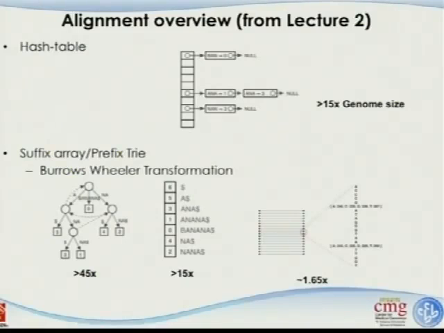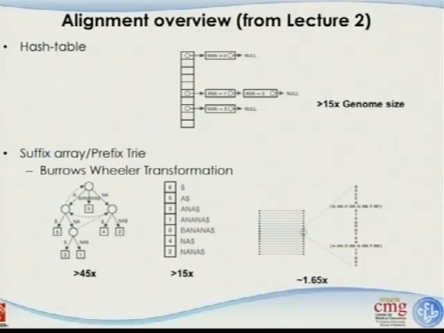Okay, let's go to the sequence alignment part. This is a slide from lecture 2, right? Just a very brief summary of the alignment algorithms in general and what categories they fall into. The first one is the hash table-based strategy, where we make dictionaries of the human genome, quickly go through them, and do Smith-Waterman or dynamic programming to find the remaining part of the reads, if you still remember that.